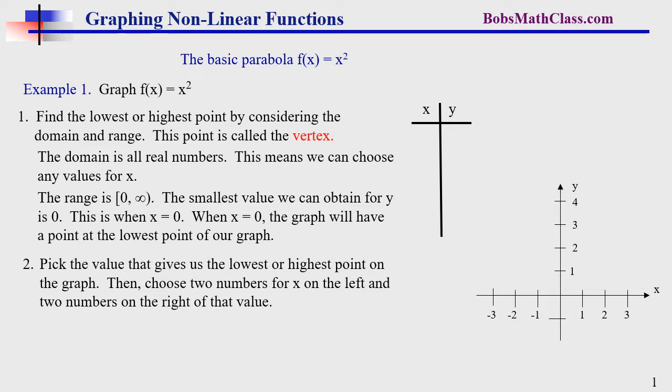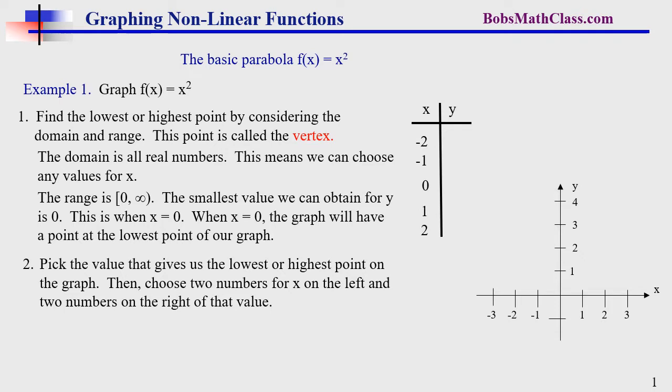So two numbers to the left of 0, and then two numbers to the right of 0. So 0 we put on our table, and then what's to the left of 0? Well, there's -1 and -2. Try to put it in order here. And then +1 and +2.